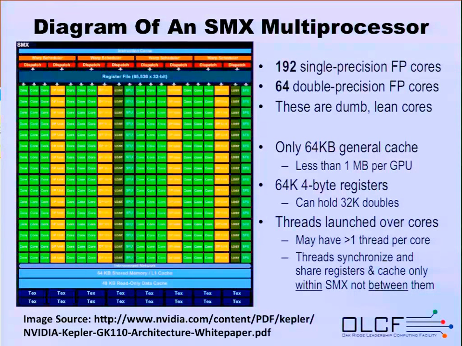So just as you heard earlier, the amount of memory that you have per core is decreasing. So we only have 64 kilobytes of general cache per processor. That's less than a megabyte per GPU. That's not a lot of cache considering how much data we're supposed to be processing through this thing. So you have to be very careful about reusing data, using it as efficiently as possible once you grab it from main memory.